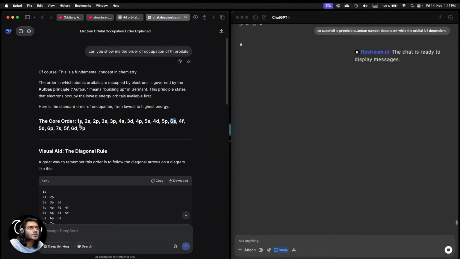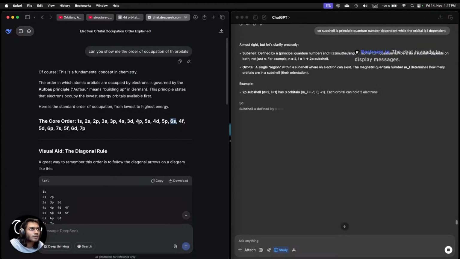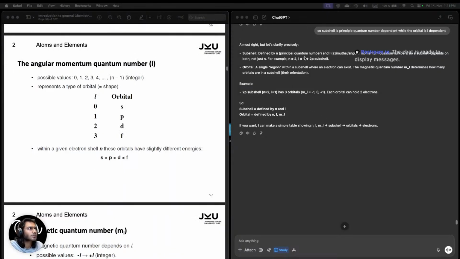How are the numbers? P starts from 2, D starts from 3 and F starts from 4. Almost right, but let me clarify precisely. A subshell is defined by the principal quantum number, so it depends on both, not just n.